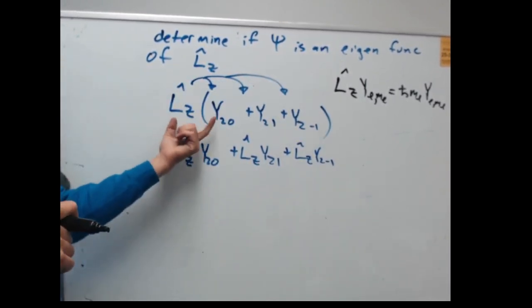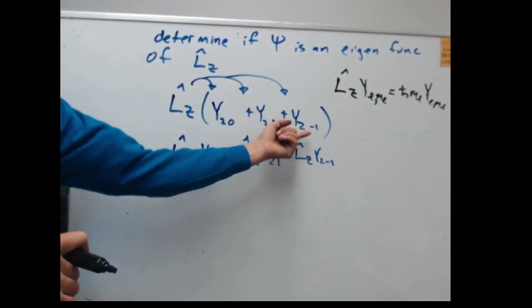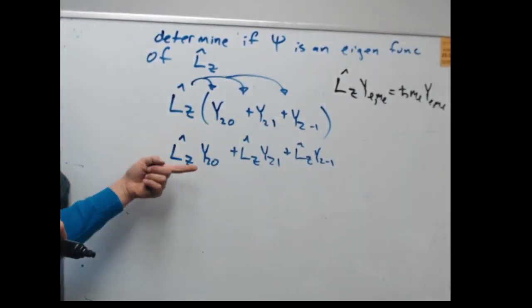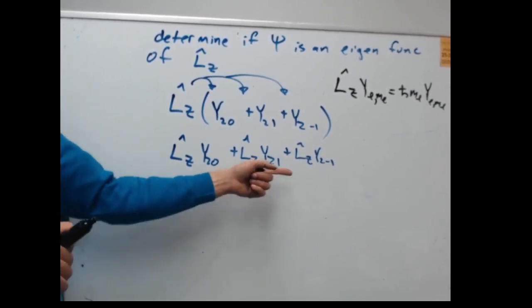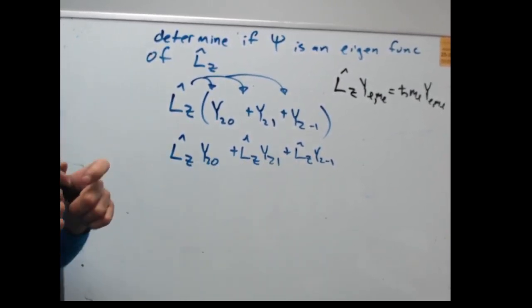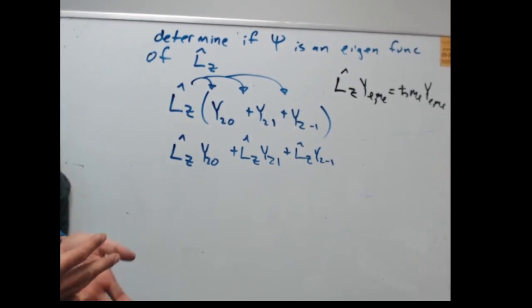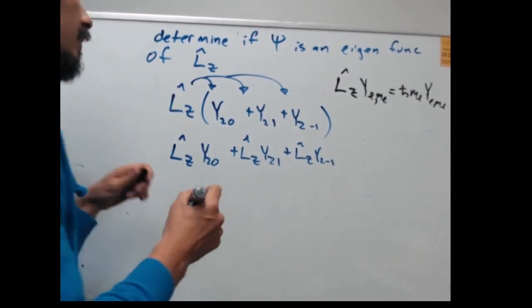So notice, instead of applying this to the additive function, I'm applying the operator to each piece of the function. I don't know how it's going to operate on each of these pieces. The question becomes, do I get the same function back, or does this mess things up?